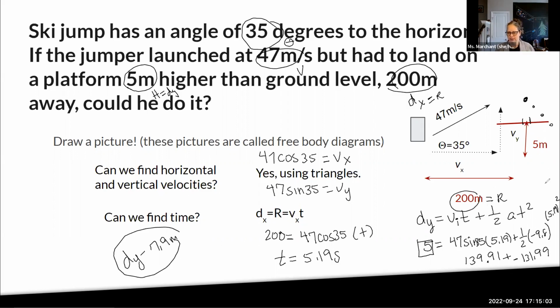Maybe it goes to 205. Maybe I have a little extra time in that hand. So that is saying right now that your answer on this one would be that it would not make that platform, but make sure that you're specific. However, if the platform was wider, it might have a chance to come down.